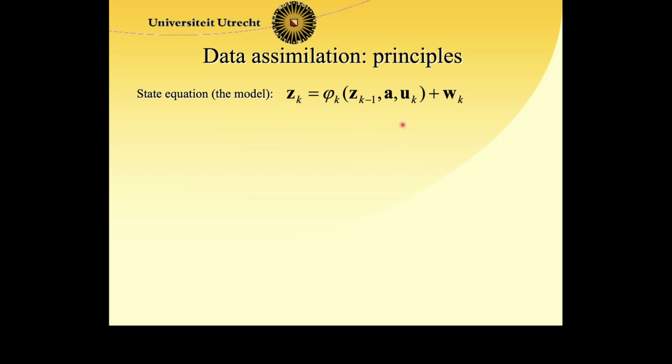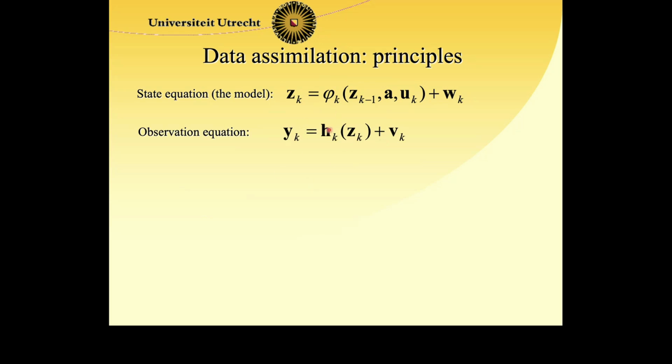Now, this is written differently from the linear state equation, so this can be any nonlinear function. It can also be the solution to a partial differential equation, right? And then we have an observational equation.